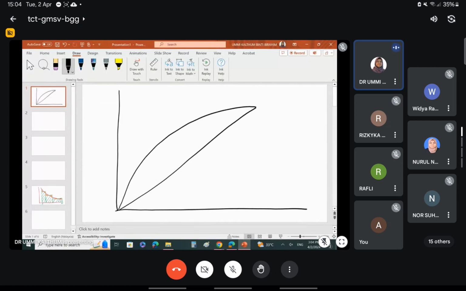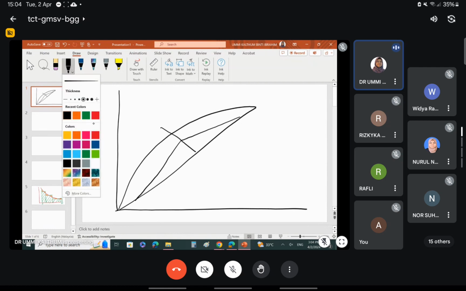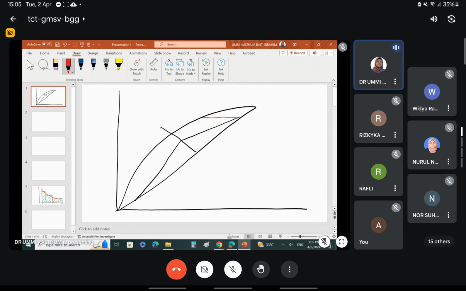Okay, so we have enriching, we have Q line, ini contoh ya, we have stripping, right? So then we determine the stages kan. Jangan sketch, you kena buat dalam kertas graf.